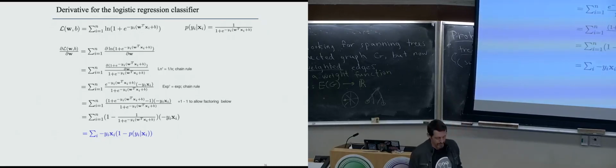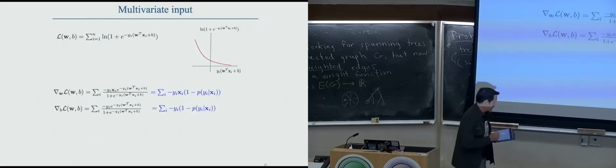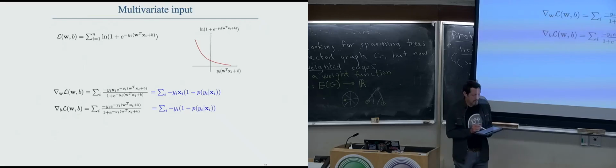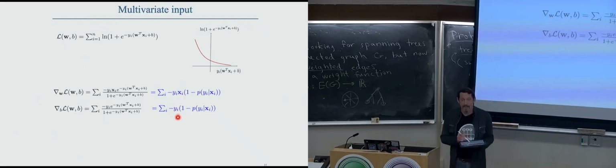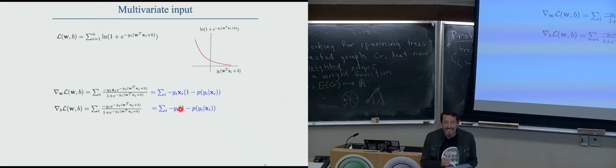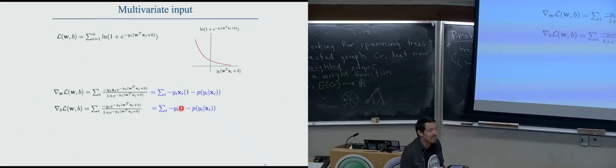Pretty awesome. So that is it. When you look at the derivative of the bias term, all that happens is that the x part goes away, right? There's no x for the bias term because the bias term is independent of the x.